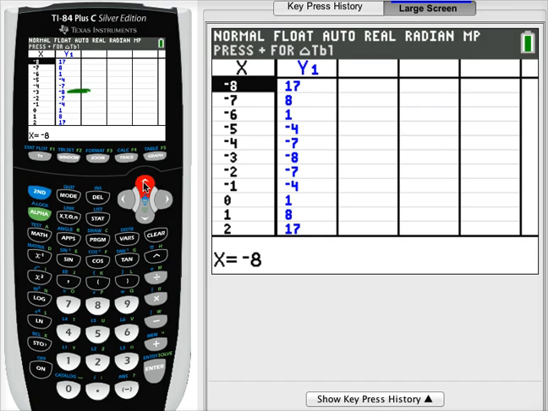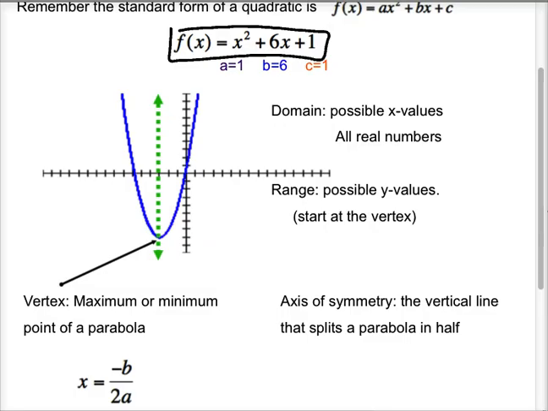Notice that as you work above it and work below it, you're getting identical values. So that -3, -8, that means that that is our vertex, okay? So by identifying that center point, like I taught you to start doing yesterday, that means for this graph, oh, I apologize, that -3, -8 is the vertex.